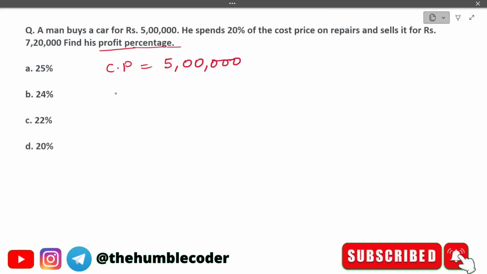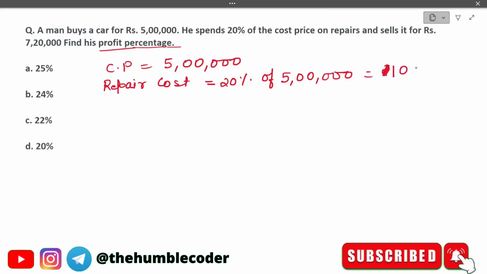Next thing is the repair cost. The repair cost is 20% of the cost price. So 20% of 5 lakh is how much? It is 1 lakh, okay. You can calculate it, so I'm directly writing 20% of 5 lakh is 1 lakh.